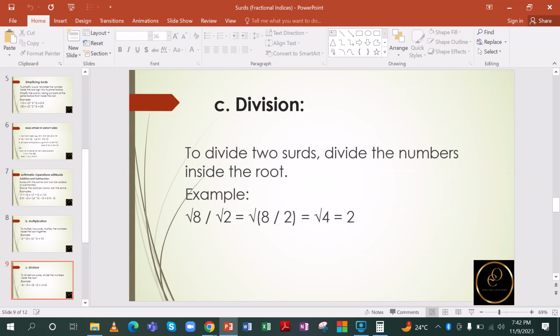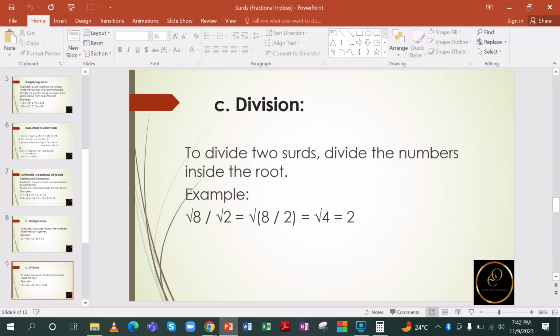Let's move on to the one which involves division. To divide 2 surds, divide the numbers inside the root. So what you have is square root of 8 divided by square root of 2, the same as square root of open bracket 8 divided by 2 close bracket. So what do you get in this particular case?